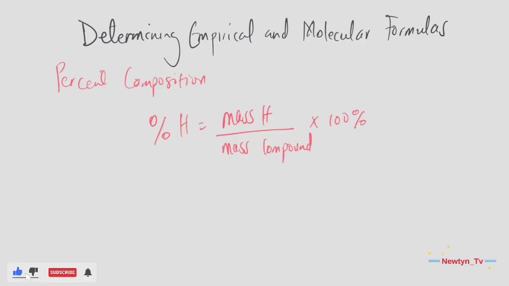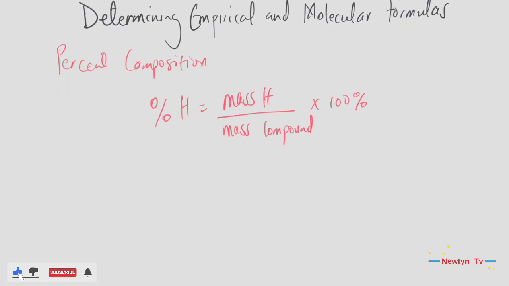What of the carbon in it? With the carbon, percentage of carbon will be the mass of carbon divided by the mass of the compound. Then you multiply by 100%.